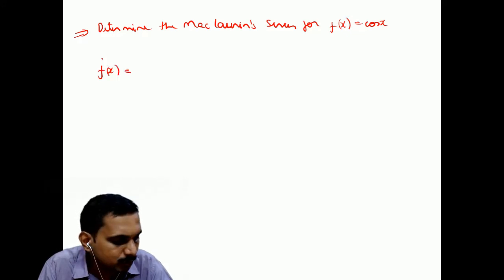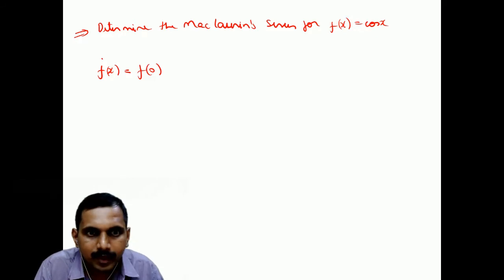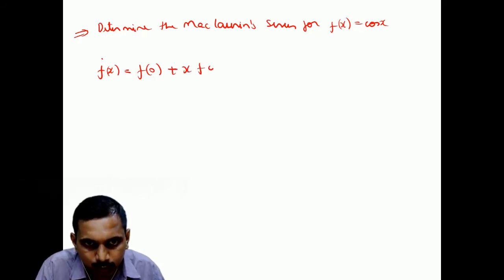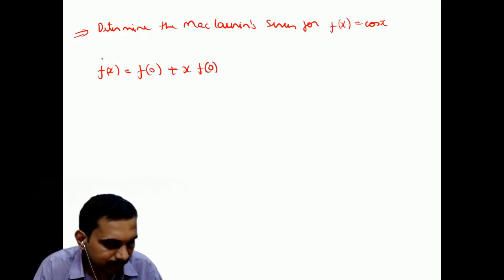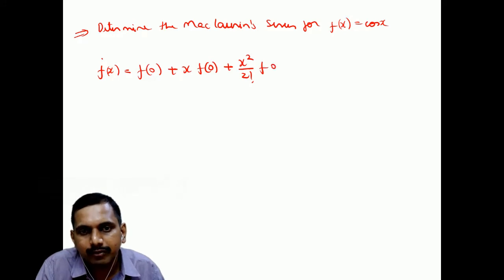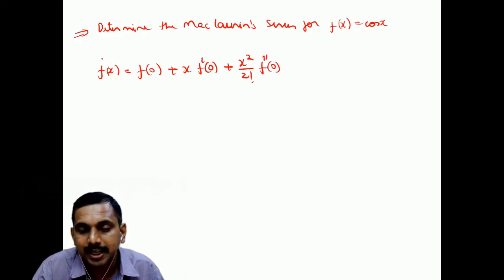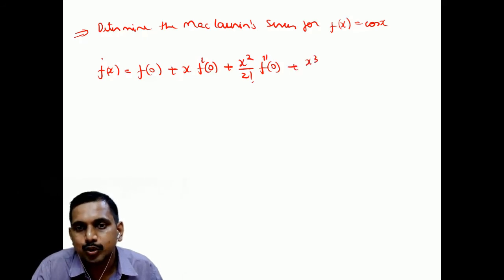f of x is equal to f of 0 plus x into f dash of 0, plus x square by 2 factorial into f double dash of 0, plus x cube by 3 factorial into f triple dash of 0, and so on, is it not?